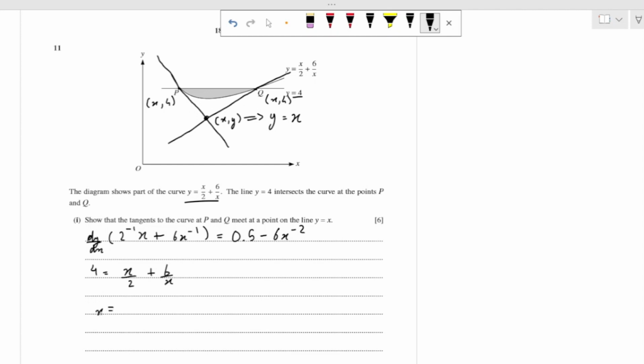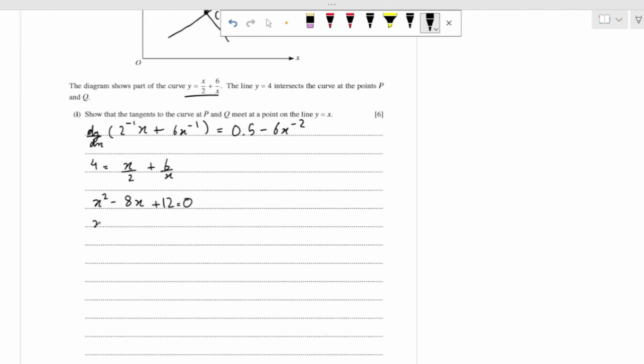And when we would solve, we would basically get a quadratic equation, which makes sense because there are 2 points of intersection. So the quadratic equation which you would get is x squared minus 8x plus 12 equals 0.